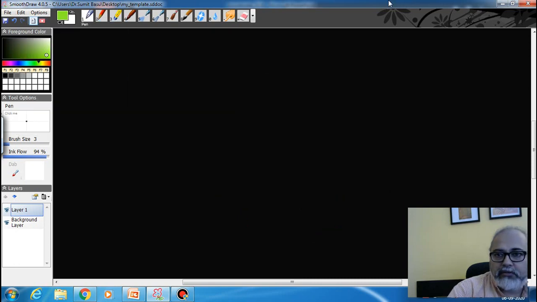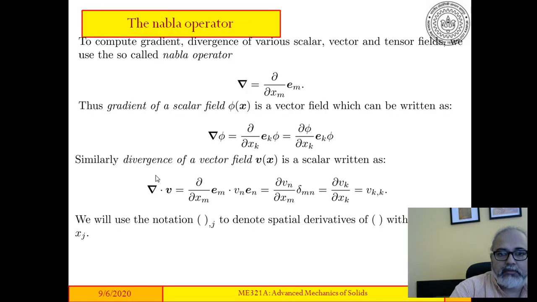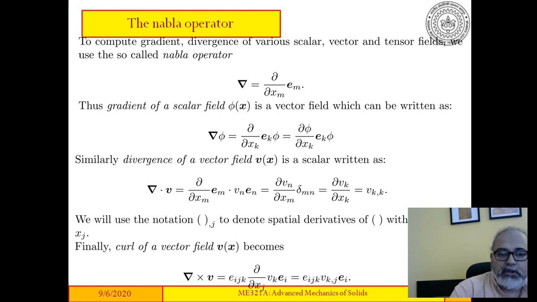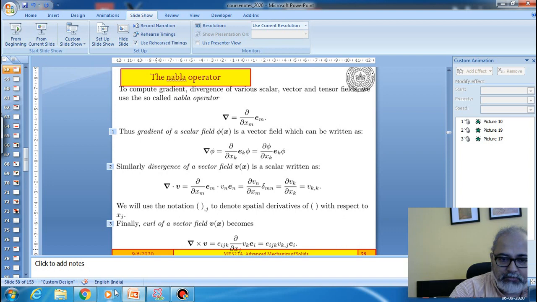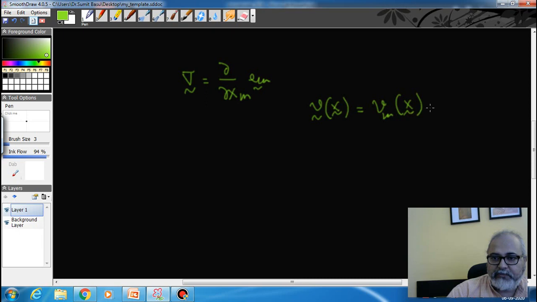Let's go back again. Curl of a vector field. That's also possible to do using what we have learned. So we have again the nabla operator, and we have a vector field v of the position vector x, which is vm, which are functions of x1, x2, x3, times em. This is how we write it.